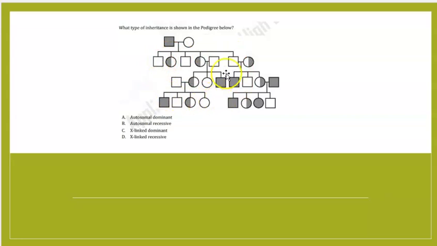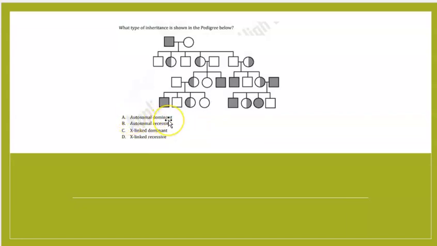Let's look out for the other one, which is X-linked or autosomal. When you see here, look how many males are affected: 1, 2, 3, 4, 5, 6. 6 males and only 1 female affected. I told you when they have more males and fewer females, or only males and no females, you have to make sure it's an X-linked disease.